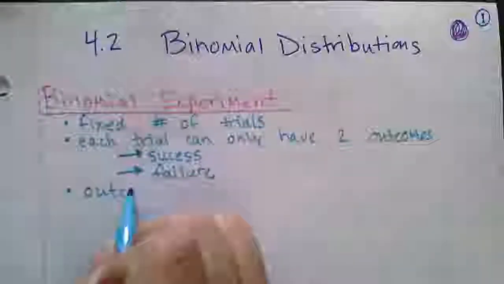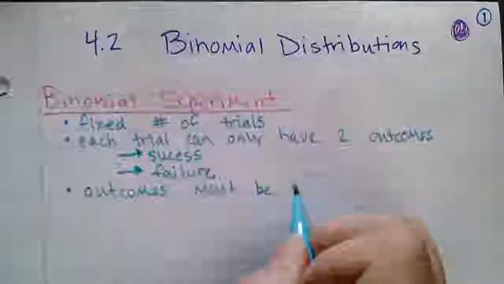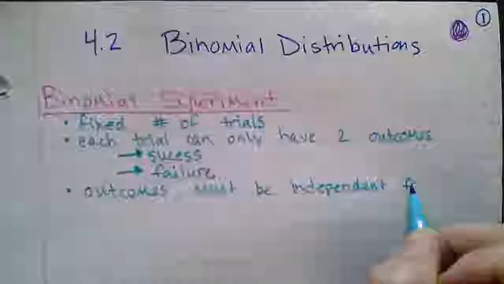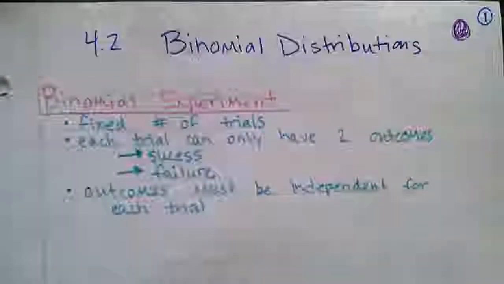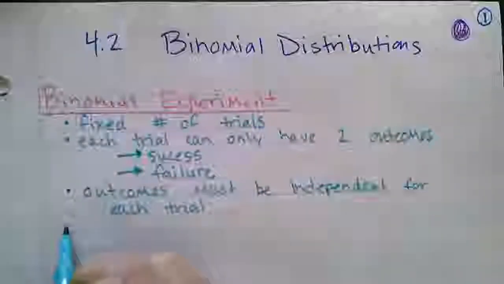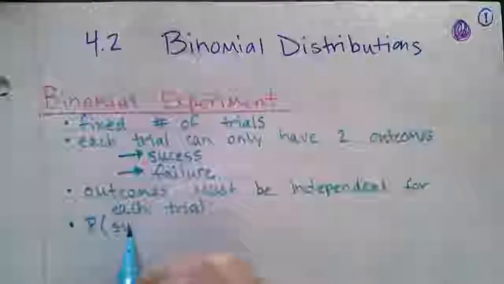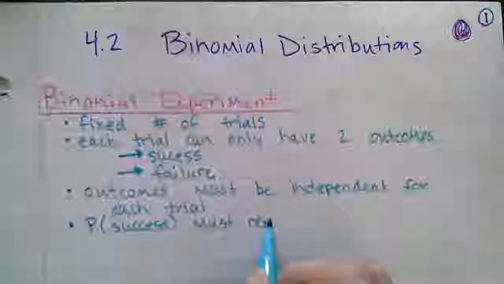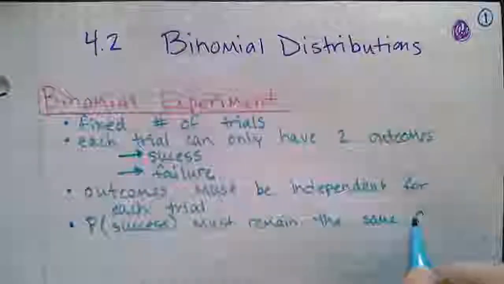The outcomes must be independent for each trial. So the outcome of one trial cannot affect the probability of the next trial. The probability of success must remain the same for each trial.